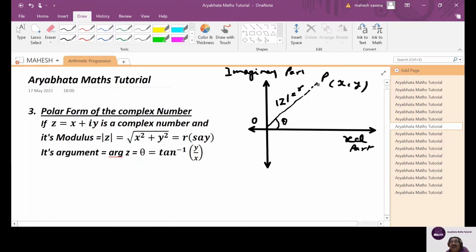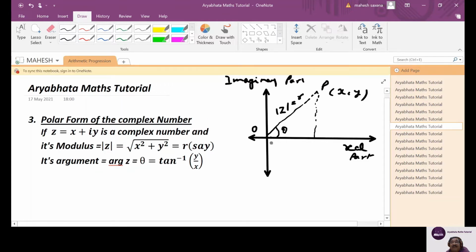Now this part is x, and it comes as r cos theta. This part is y, and it comes as r sin theta.